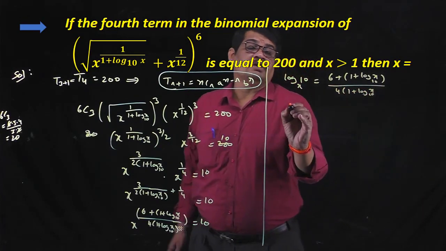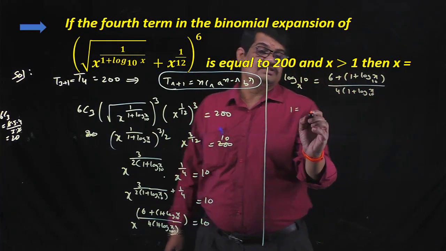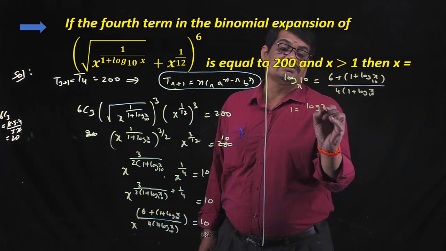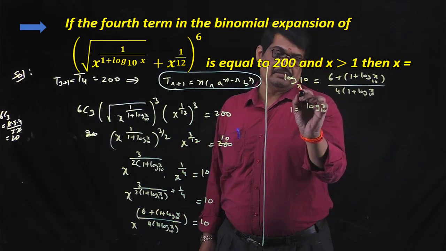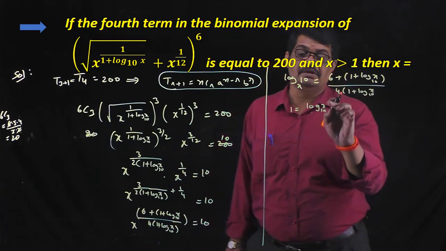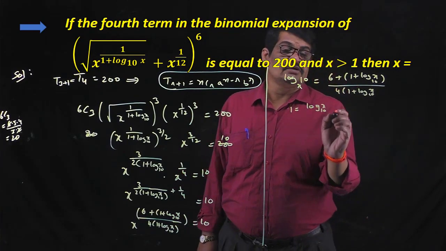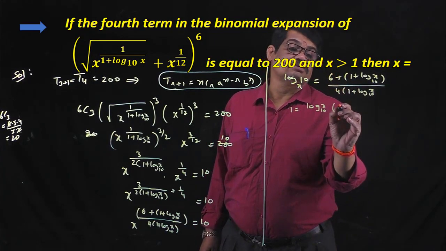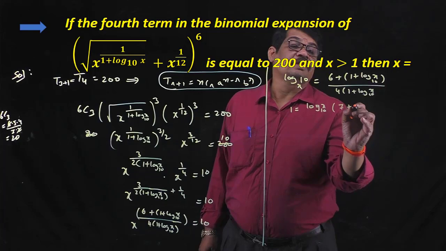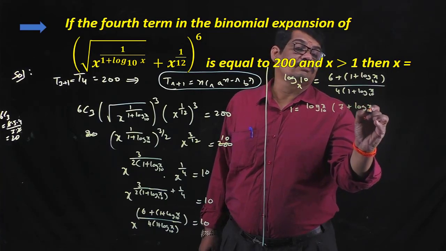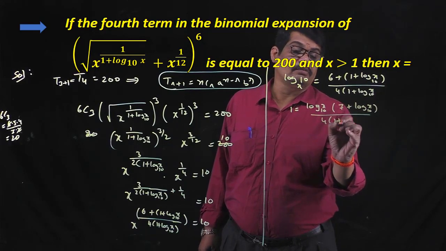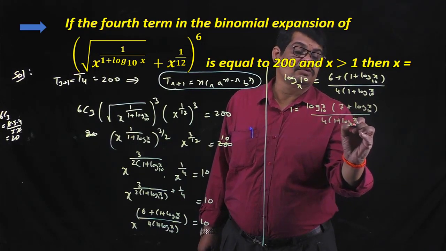Okay, now we are writing, this is moving to this side, we are getting log x to the base 10. Here log 10 base x moving to RHS, then it becomes log x to the base 10 into this one, that is 1 plus 6, that is 7, plus log x to the base 10 by, in denominator, 4 into 1 plus log x to the base 10.